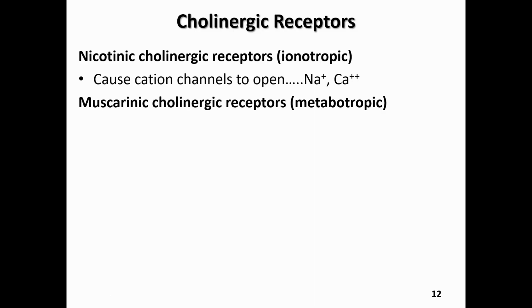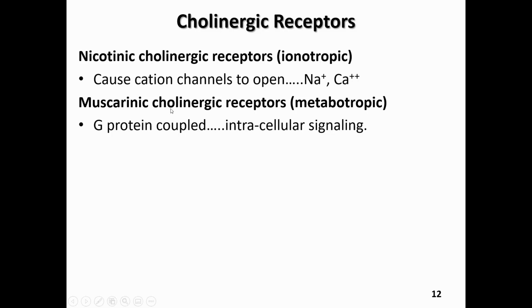Muscarinic cholinergic receptors are considered metabotropic, indicating that these are receptors that, when triggered by acetylcholine, will activate internal metabolic processes. These work through what are called G protein coupled receptors.